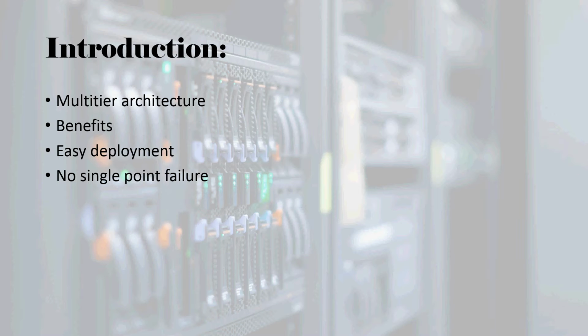In multi-tier architecture, we can use the application tier, web tier and database tier separately. So if there is any issue in any one of these tiers, we can easily recognize the issue and solve it without touching the other two tiers. Also, deployment is very easy and there is no single point of failure. Even if one of the tiers crashes, we can easily resolve the issue and start the whole setup again.